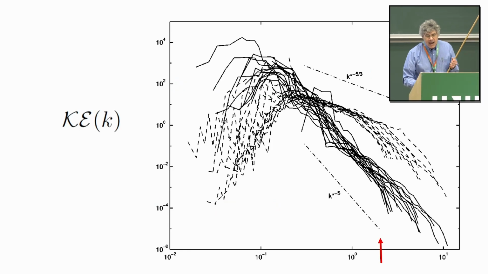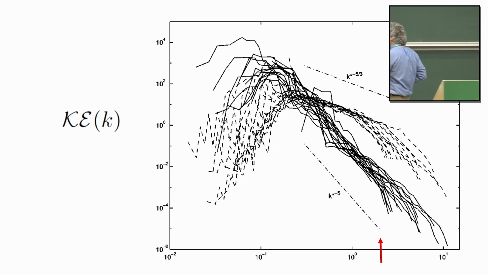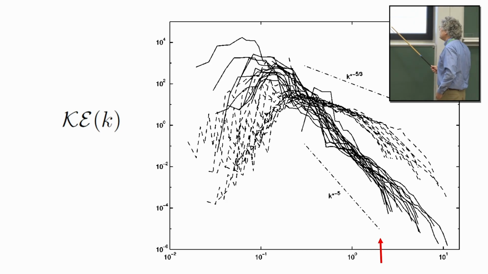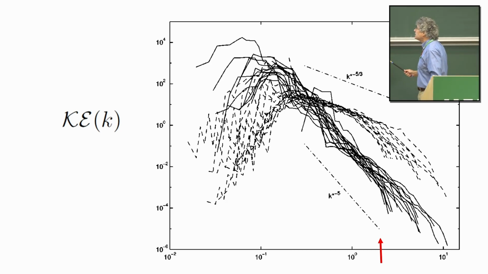otherwise you'll be dominated by the vortices. And sure enough, if I plot the kinetic energy for one of these turbulent flows as a function of wave number, the solid lines are the zonal piece, the dashed lines are the non-zonal or eddy piece, and it's fluctuating in time, so you see a lot of different graphs here.